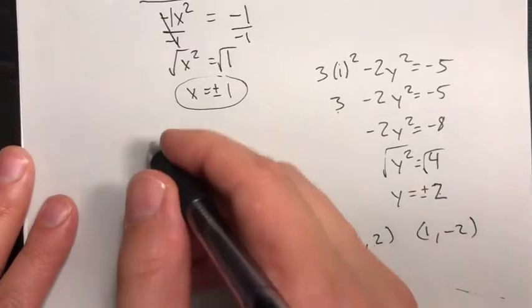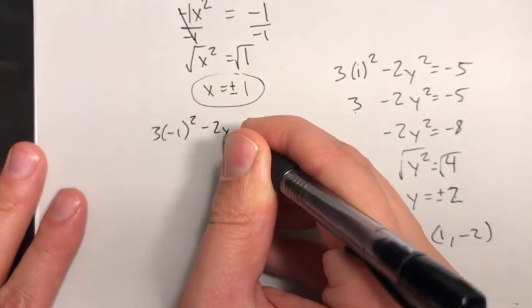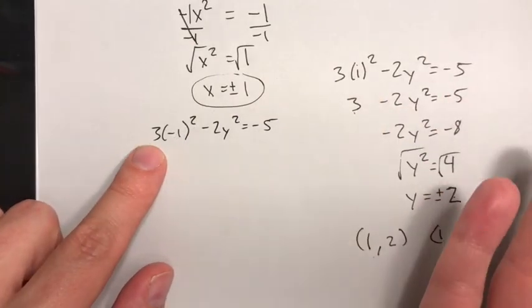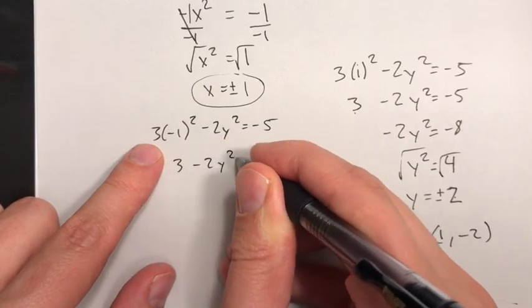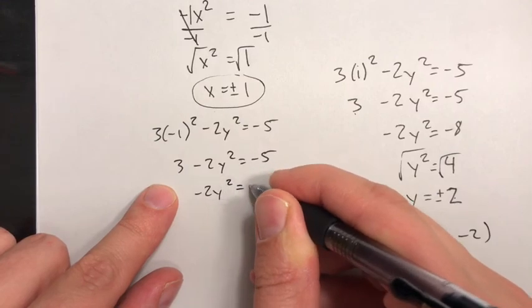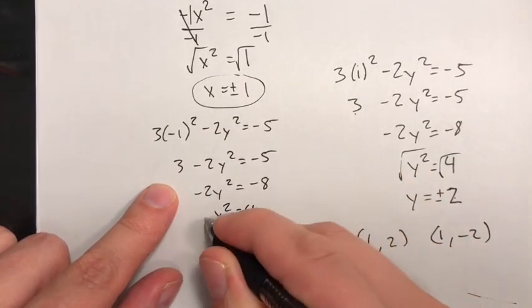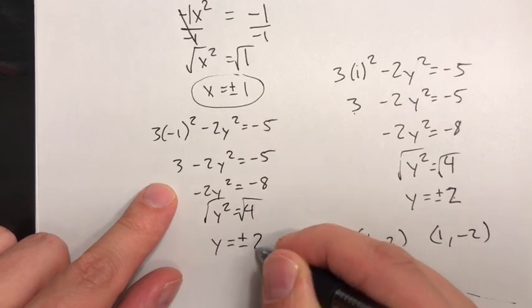So I'm going to do that one next. I'm going to do 3 times -1 squared minus 2y squared equals -5. -1 squared is +1, times 3 is 3, equals -5. Subtract 3. This is going to look like a very similar problem at this point. Divide by -2. Square root. We get y equals plus or minus the square root of 4, which is 2.